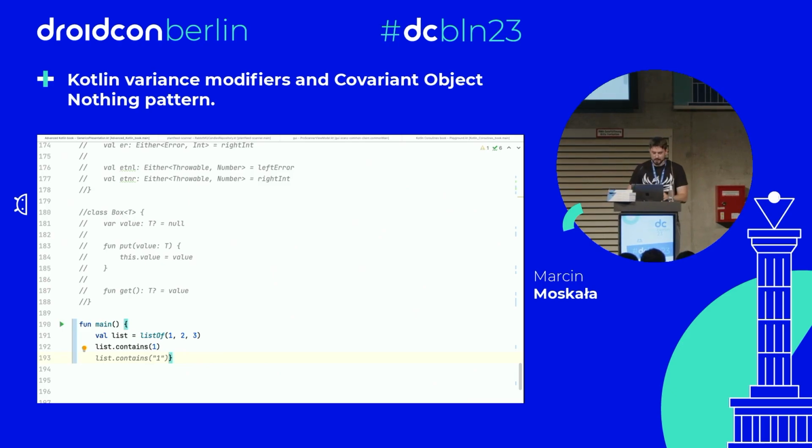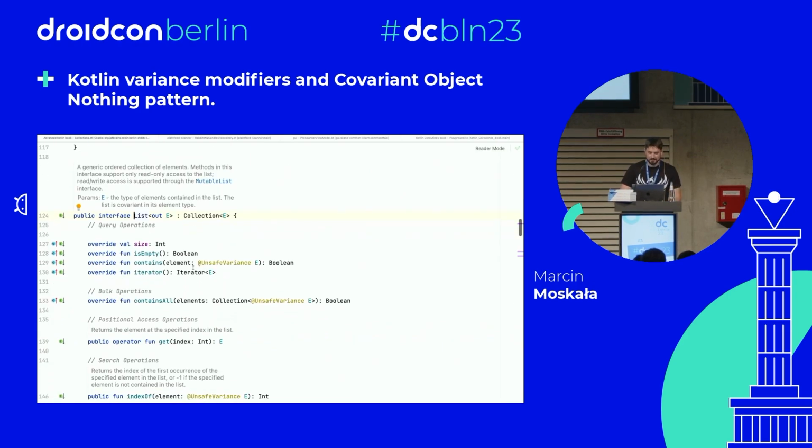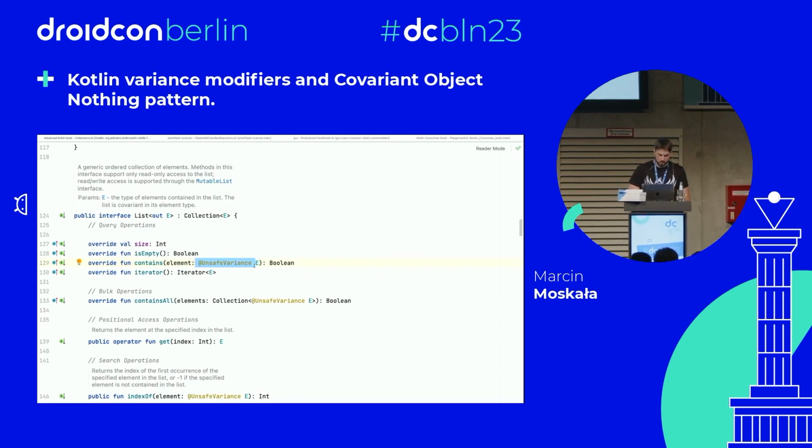Pretty clearly, if you think about that, here we are expecting int, and int is here because this is a list of int. So you might be wondering, how the hell is that possible? And the answer is pretty simple. There is this annotation, unsafe variance, that is literally turning off these limitations. So with that, we can do absolutely everything you want.